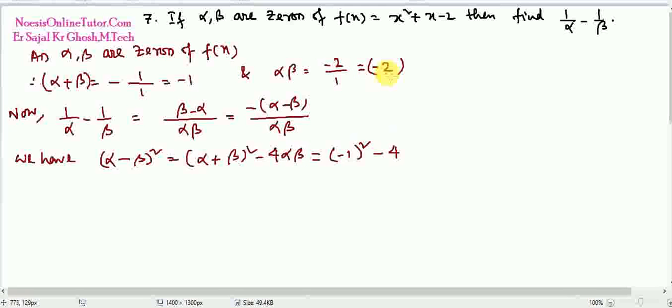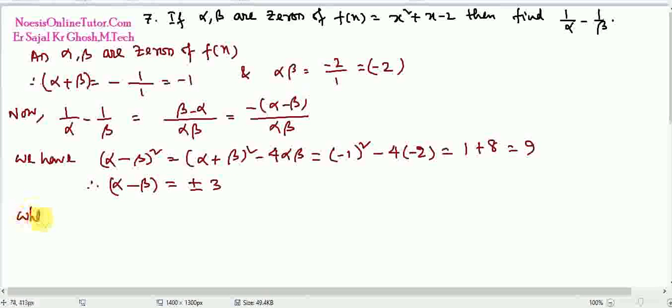What is the value of alpha beta? Equal to minus 2, so 1 minus minus, plus 4 into 2, 8. This is equal to 9. So alpha minus beta equal to plus minus 3. That means I have two values of alpha minus beta, either plus 3 or minus 3.